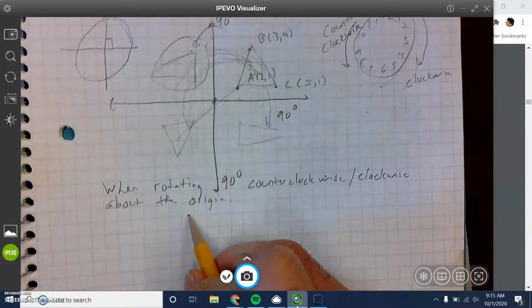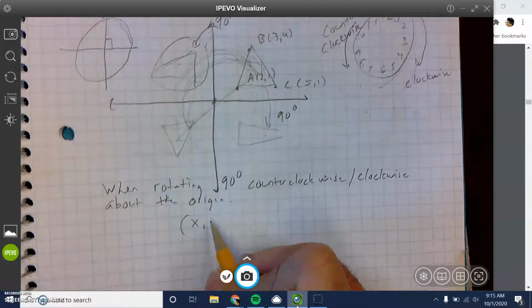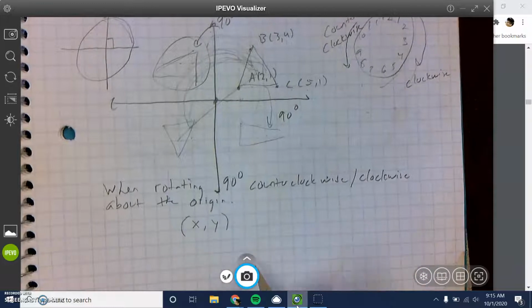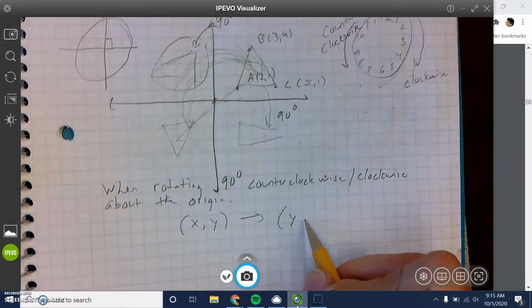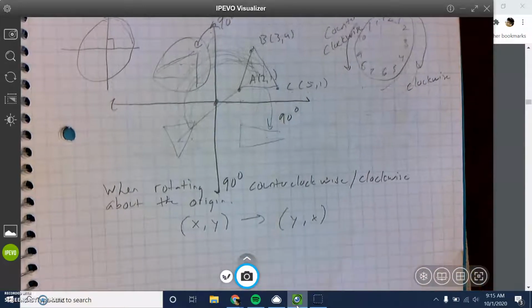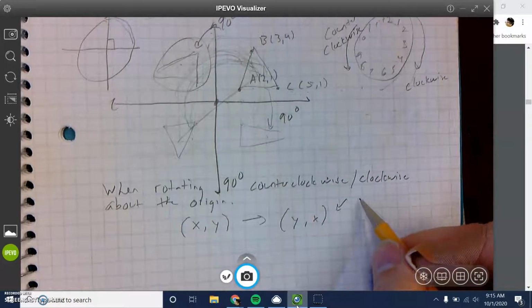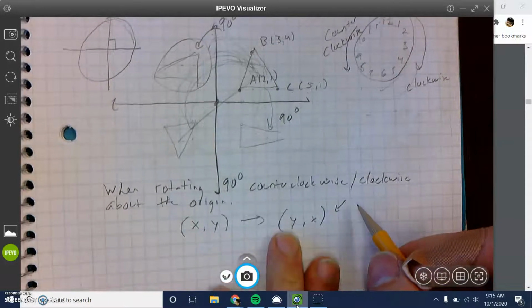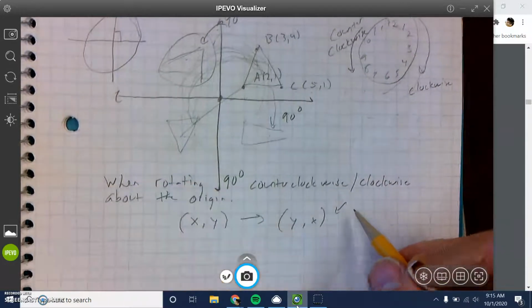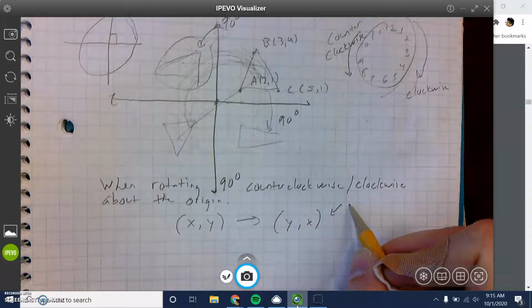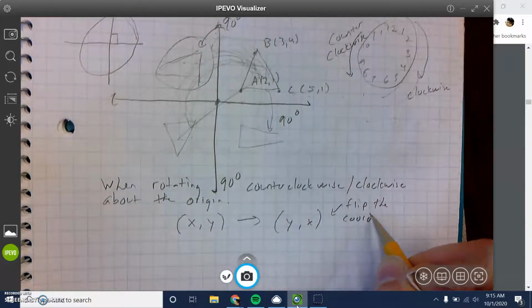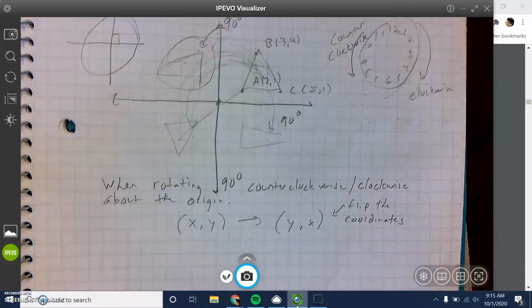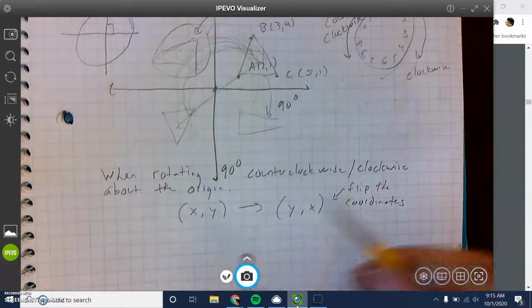You're going to take x and y, and you're going to flip them. So you're going to flip the coordinates, like that. Okay? So that's the first step.